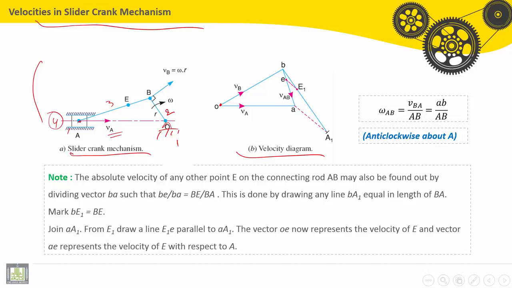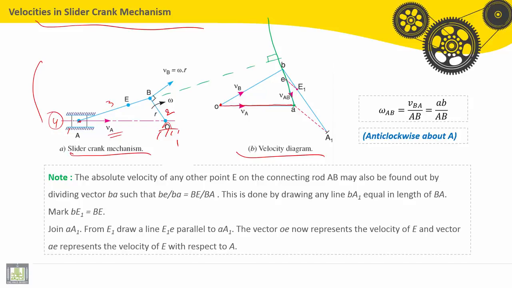We draw VA to a suitable scale, parallel to the motion. Then from point A we draw a line perpendicular to AB.